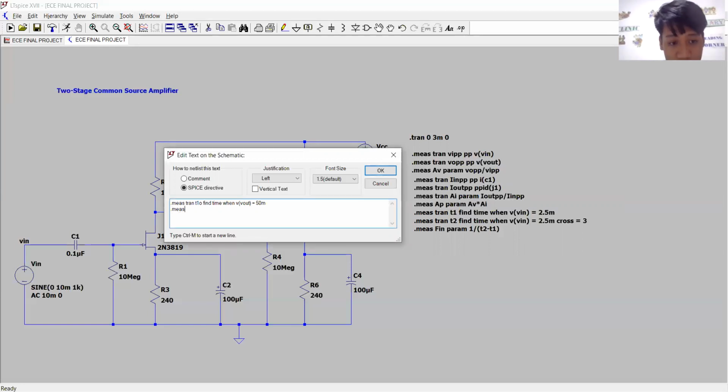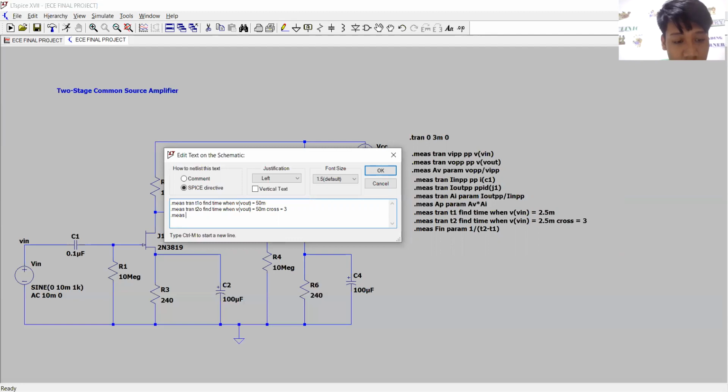That measure run, this is for the second one, T20, find time when V out is also equal to 250 M, but there will be cross equals 3. And then next is for the frequency out.